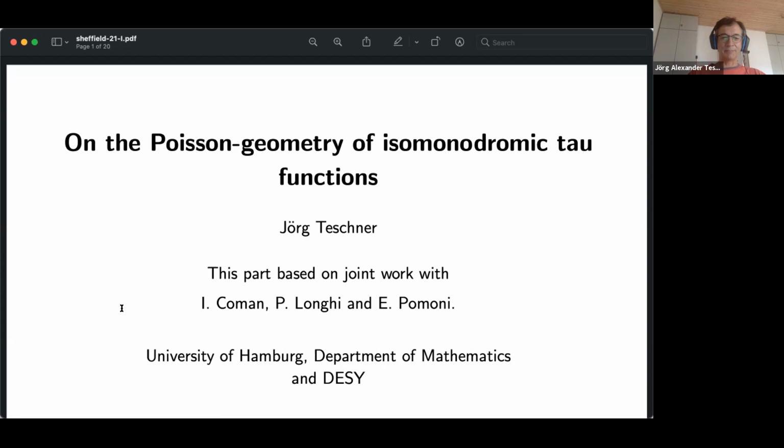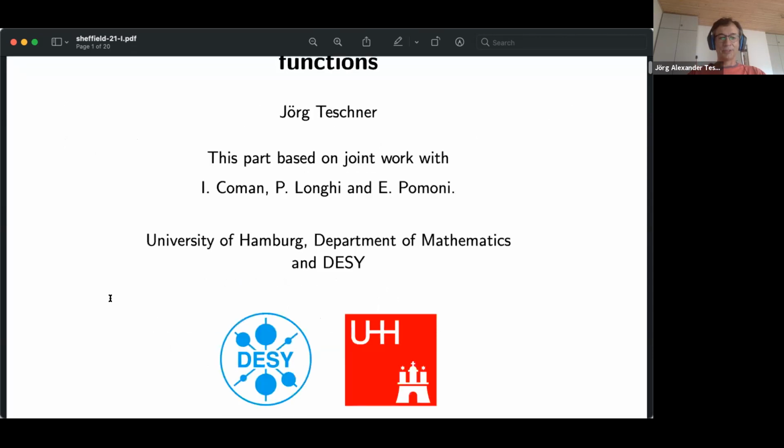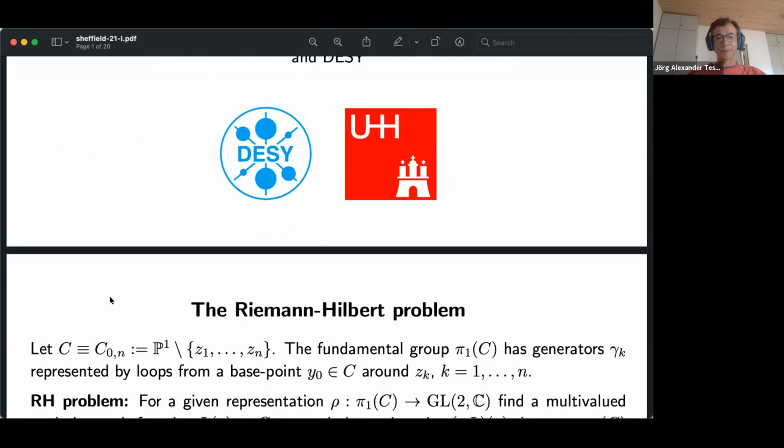But connections, for example, to BPS states and so on, will be more the subject of tomorrow's talk, for which basically what we're presenting today is going to serve as one important example where one can see some of the features.